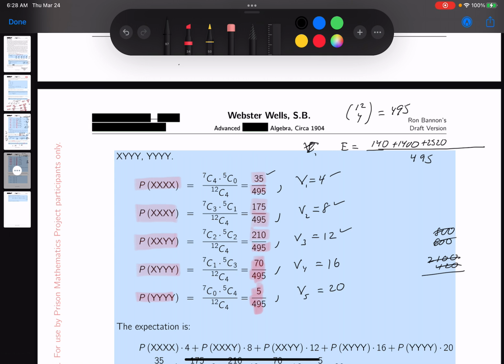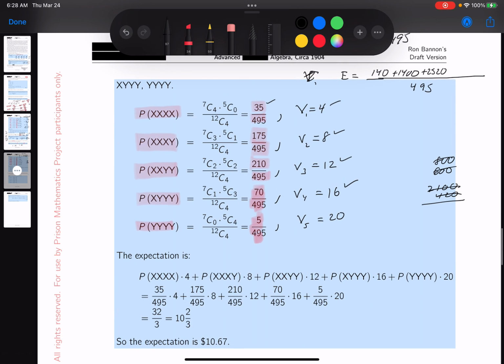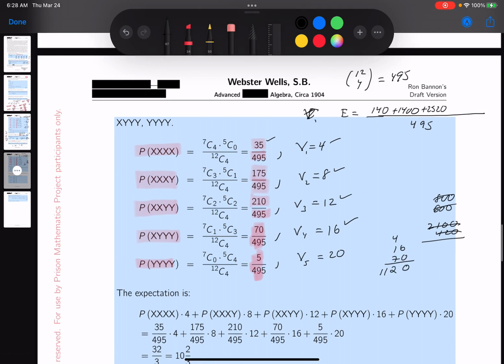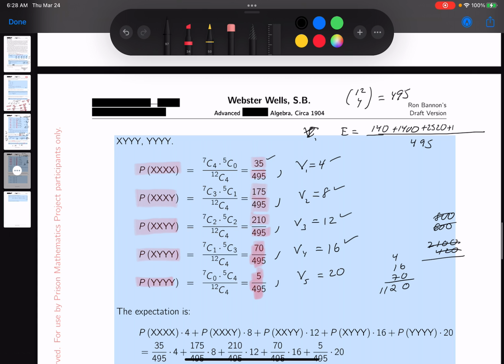Cross that out. Let's see, 16 times 70. 6 times 7 is 42. 7, 11, 1120. Five times 20 is 100, not bad.